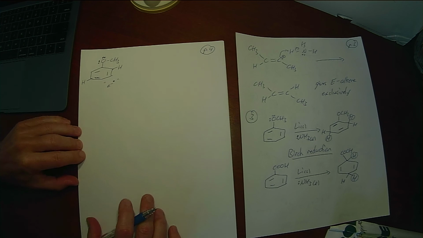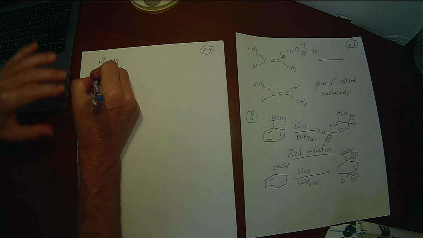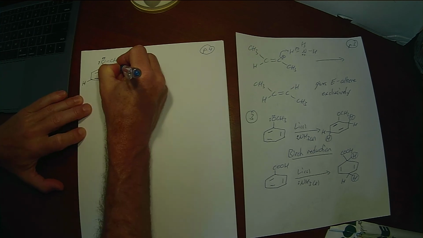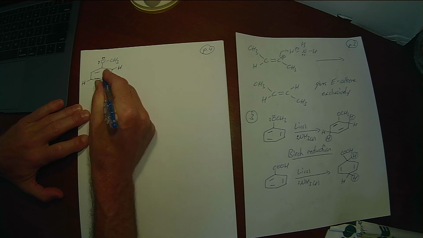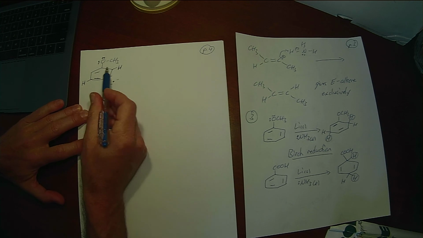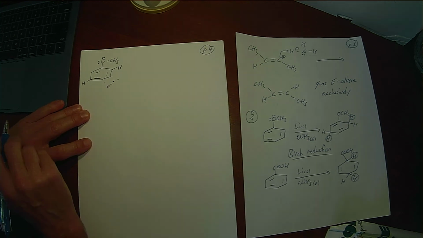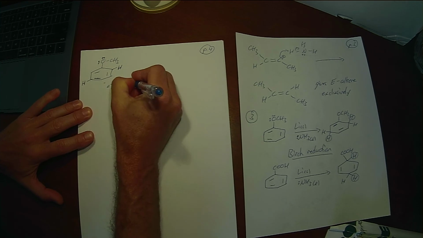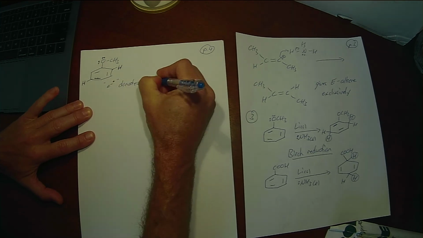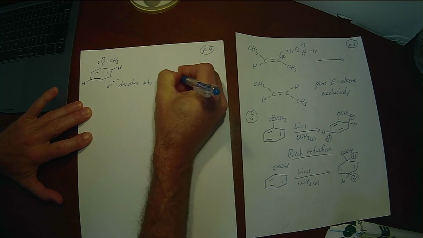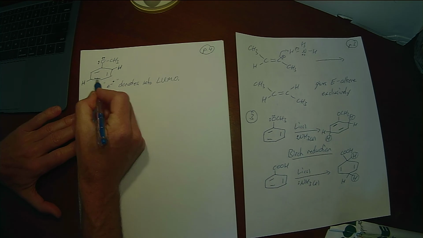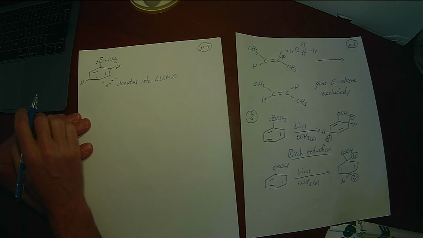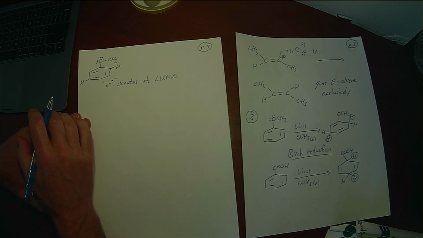I would do a similar process to the one we did that gives the E-alkene. We donate it into the LUMO, whatever the lowest unoccupied orbital looks like for the benzene, which you don't actually know. But what you do know is that right now all of these carbons have 4 bonds, which means that you're not going to be able to just add it to a carbon without expanding the octet, which isn't allowed.